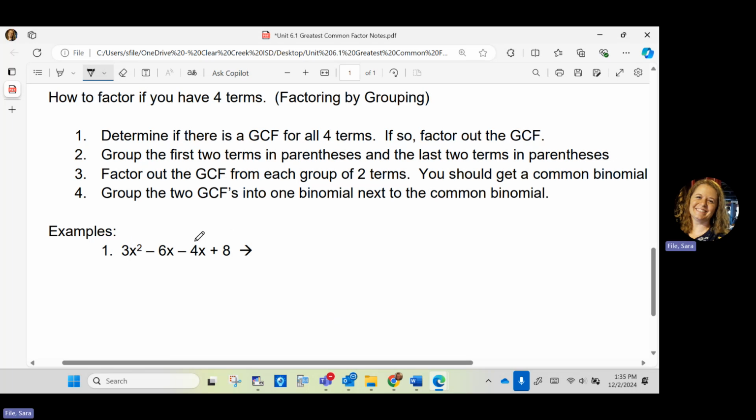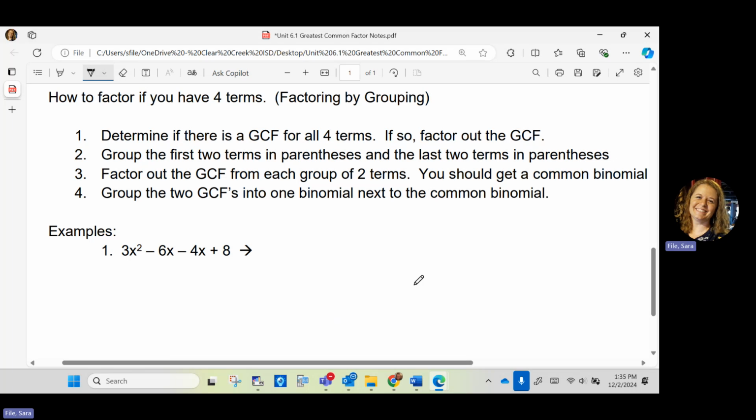There's nothing that can be divided out of all of these because the factors of 3, the only factor besides 1 would be 3. And these other terms are not divisible by 3, are they? And then the x's, there's an x in 3 of the terms, but this last one doesn't have an x. So I can't even factor out an x. There's nothing I can factor out. There's no GCF that all 4 have in common.